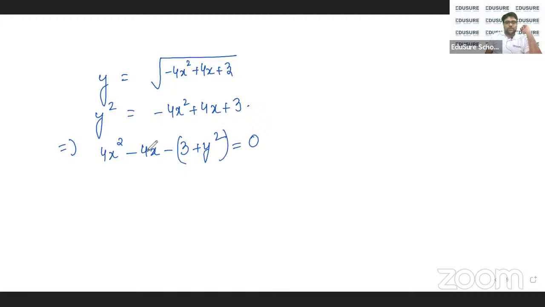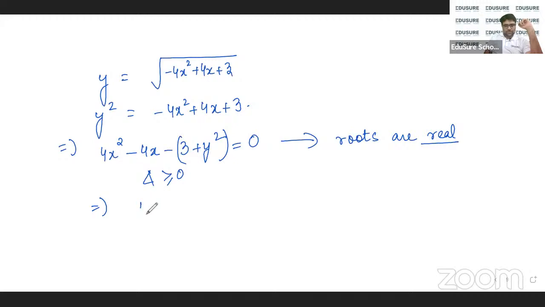Okay, this is a quadratic in x. Discriminant has to be greater than or equal to 0 because this is a quadratic where the roots are real. Roots are real का मतलब है discriminant greater than or equal to 0. B square minus 4ac greater than or equal to 0.